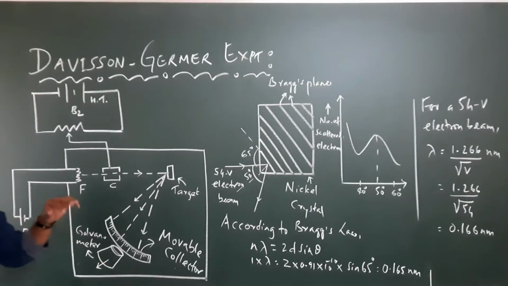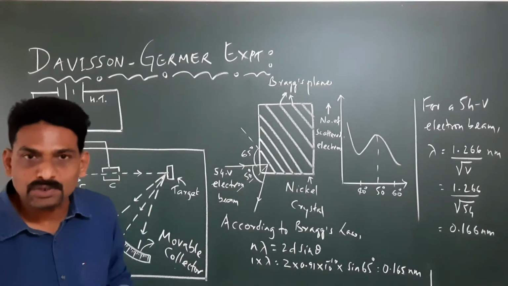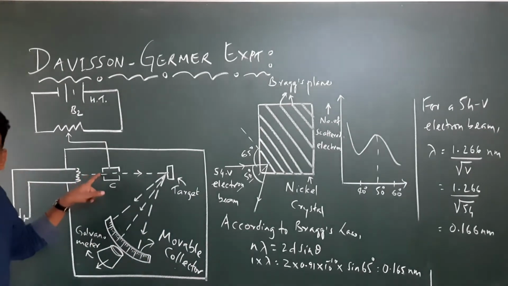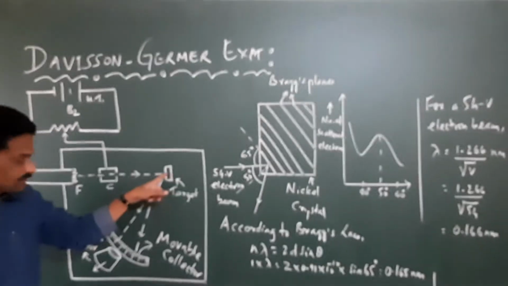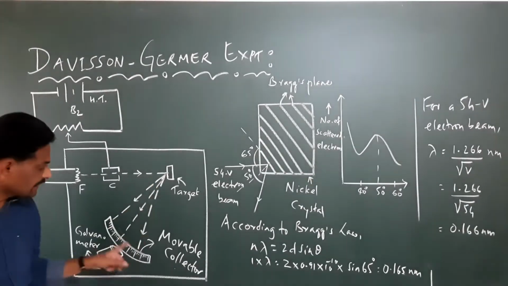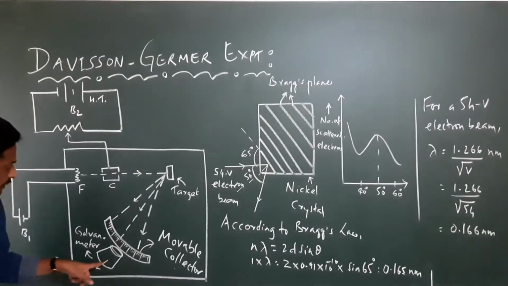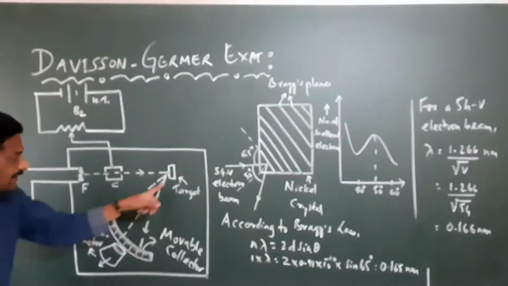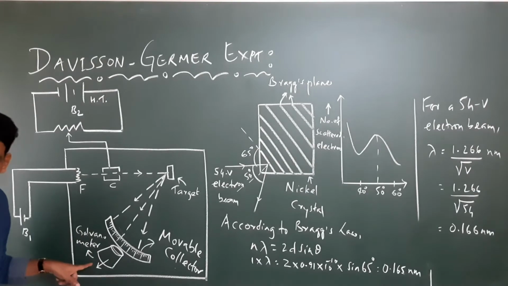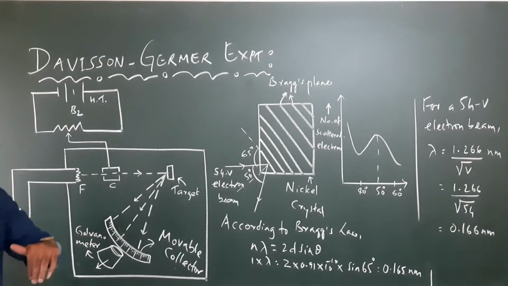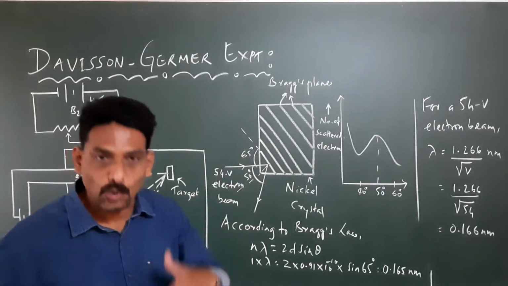Initially they sent a beam of 40 volt. It was made to undergo scattering. The scattered beam was received in the collector, and the deflection produced by the scattered electron beam of 40 volt was noted down. Then they sent an electron beam of 44 volt.